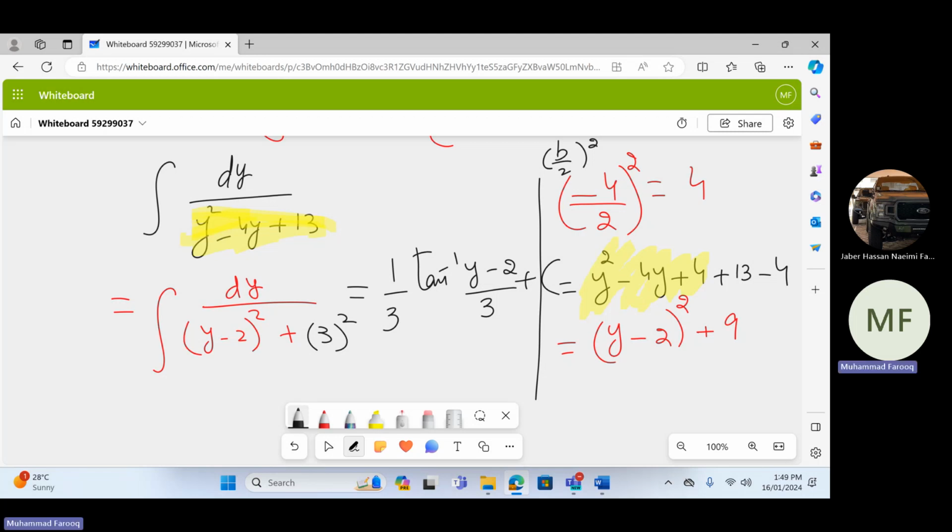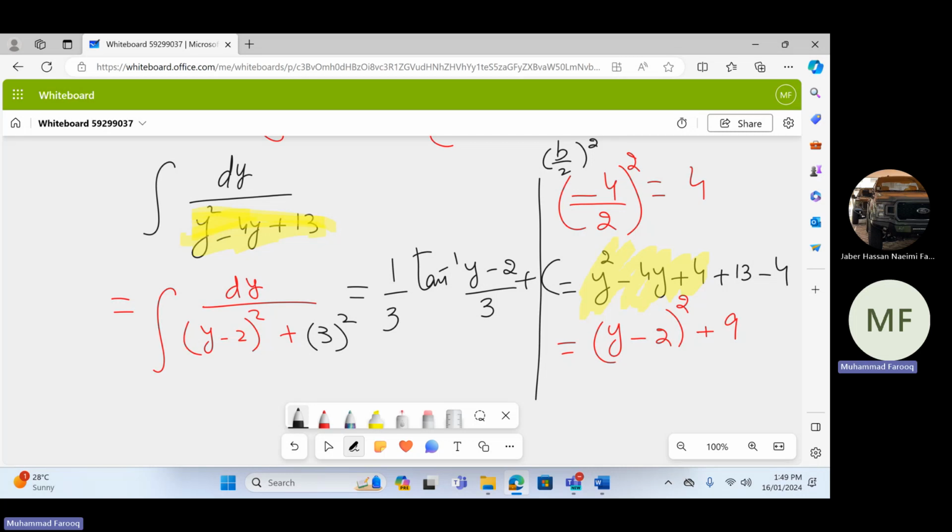Let's take one more question from 7.7. Doctor, how do you know if you're integrating inverse hyperbolic or inverse trigonometric or hyperbolic? How do you know the difference? This means you have the formula sheet. You have to compare your question and your formula format. For example, I will take one question.